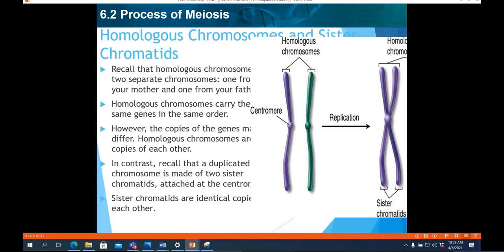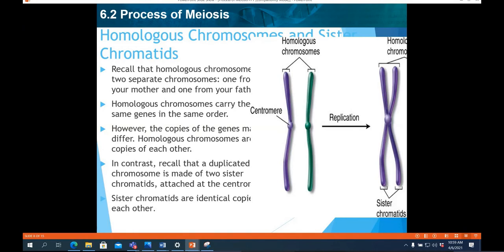Homologous chromosomes are not copies of each other. In contrast, recall that a duplicated chromosome is made of 2 sister chromatids attached at the centromere. Sister chromatids are typically identical copies of each other.